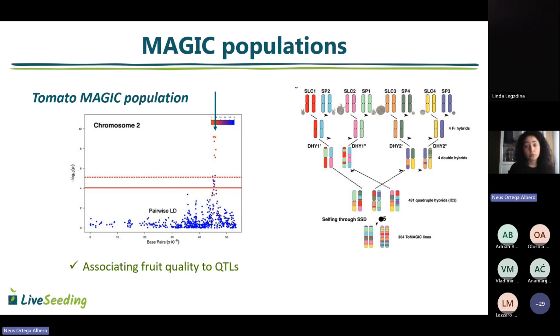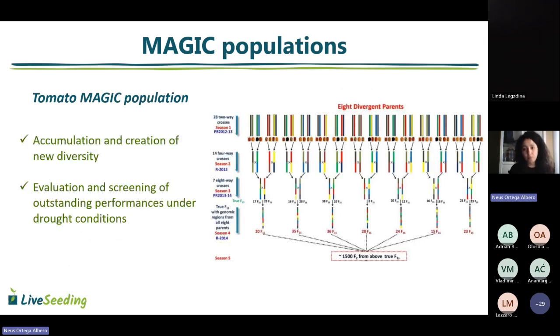Even very complex magic populations have also been developed with more than 8 parentals, and the idea is accumulating more diversity and creating new combinations of the genomes, to be able to evaluate and screen outstanding lines under difficult conditions.